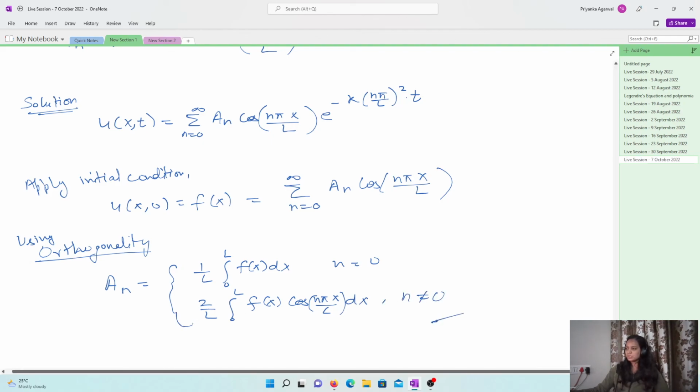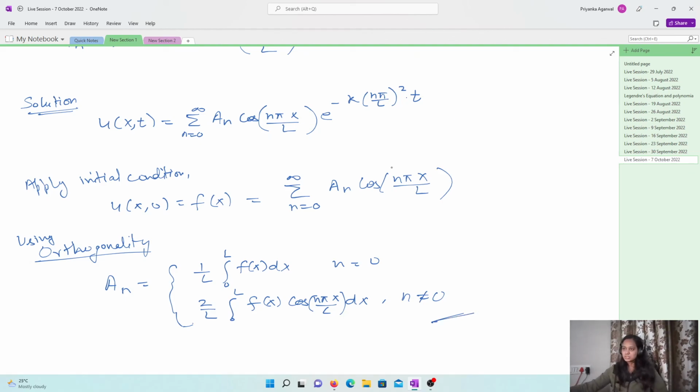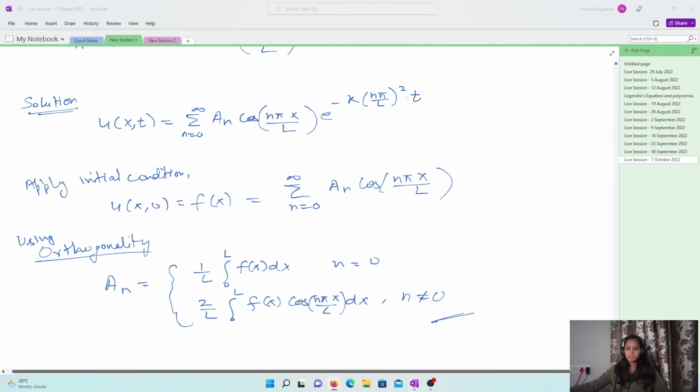Okay. This is the final solution. This is the solution and these are the coefficient values. Okay. So if you have any doubts, please let me know.